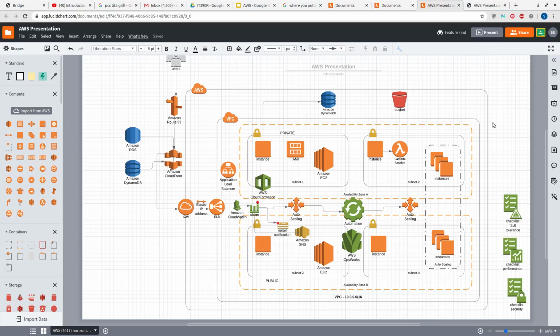When we have automation and CloudFormation, which allows us to program the things we need, we don't need to worry about DDoS attacks, because I think Elastic IP and Elastic Load Balancer could handle that.